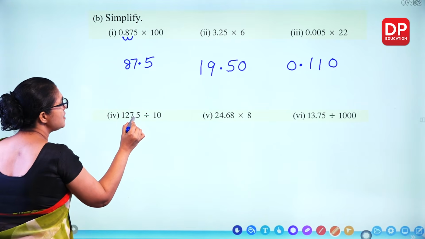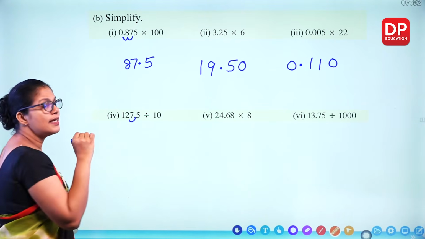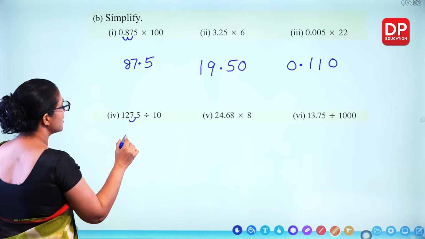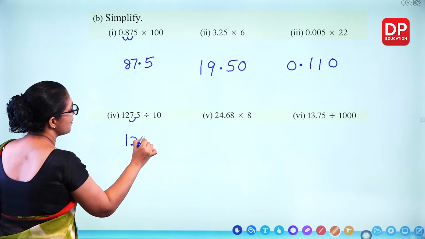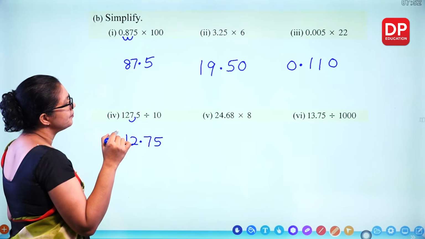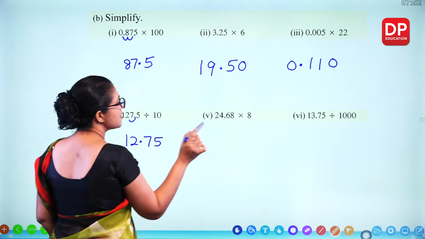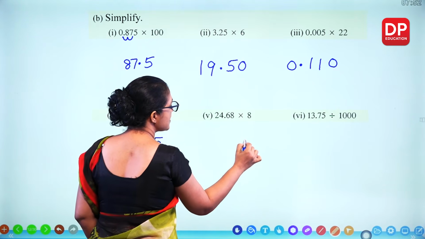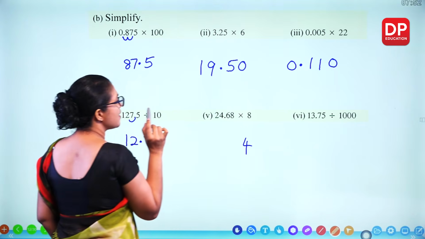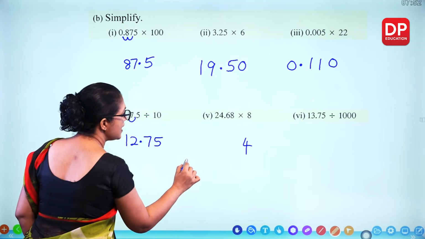Divide by 10 means move the decimal point one place to the left. 12.75. Multiply by 8 without considering the decimal. 8 times 8, 64. 6 there. 8 times 6, 48.